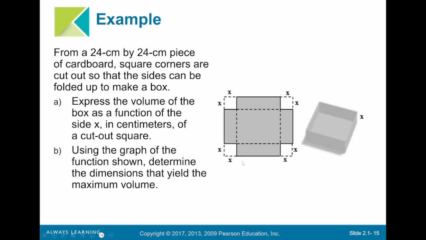To answer the question here, we had the point (4, 1024) as our max point. That means that the max volume is 1024, and the dimension would be height, which is x equals 4.